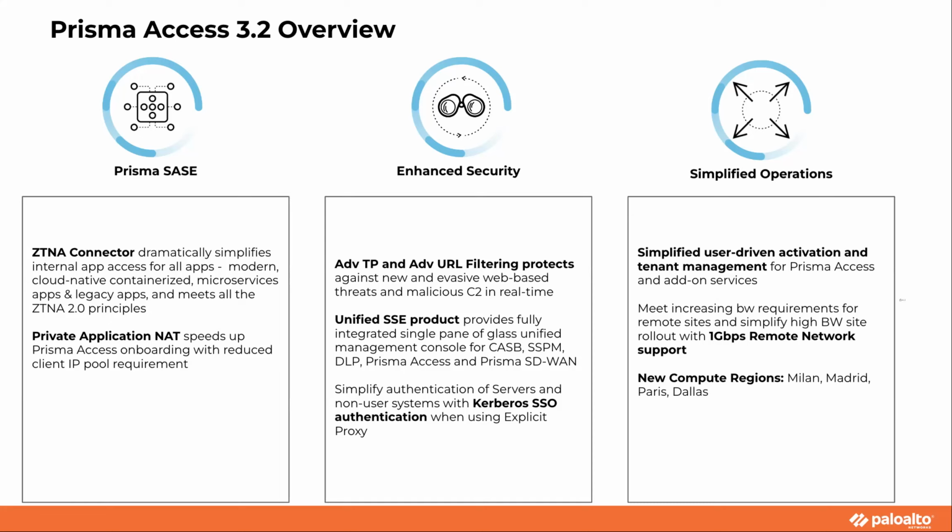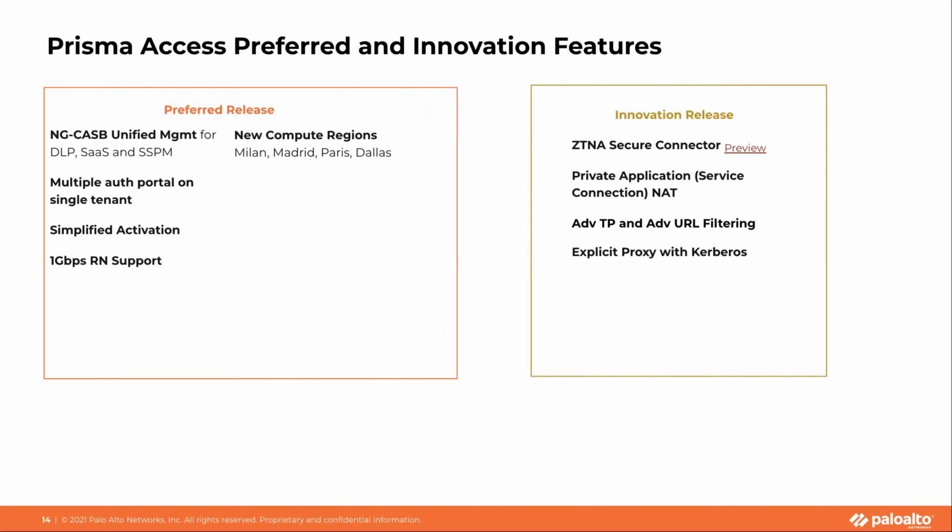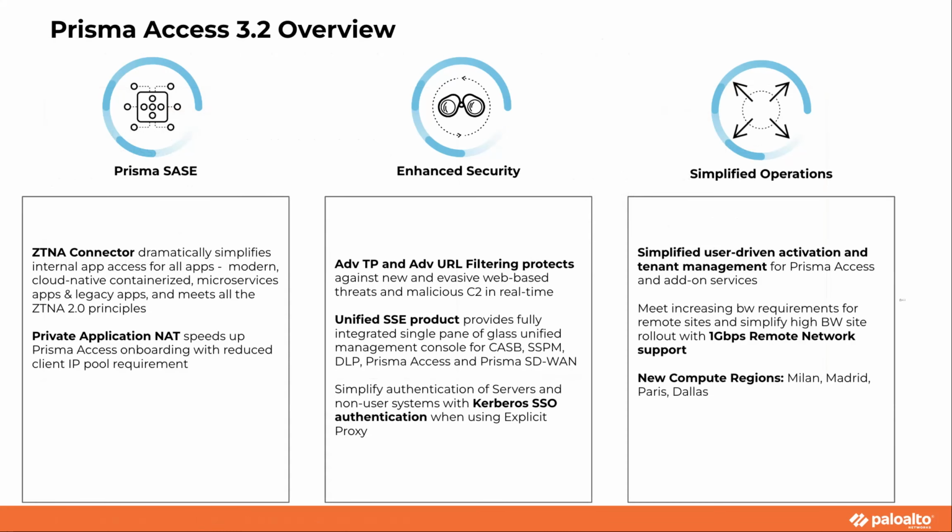Talking about Prisma SASE, one of the core pillars for Prisma Access, one of the core areas that we are focusing on for SASE is the ZDNA connector. The ZDNA connector dramatically simplifies internal app access, and this is for modern cloud native, containerized, microservices, legacy, all kinds of apps, by recognizing the apps running in your data centers.